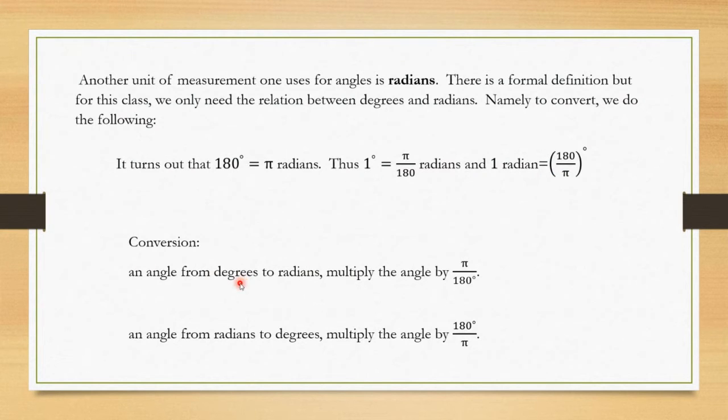If you want to convert from degrees to radians, you multiply by this quotient, pi over 180 degrees. And if you want to go the other way, from radians to degrees, you have this: 180 degrees over pi.